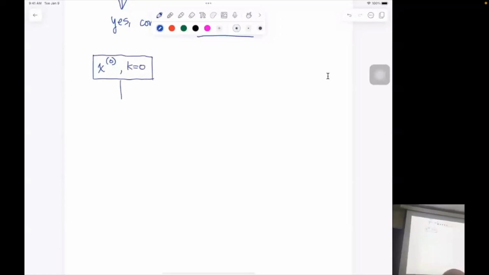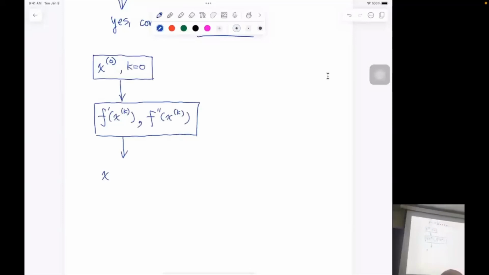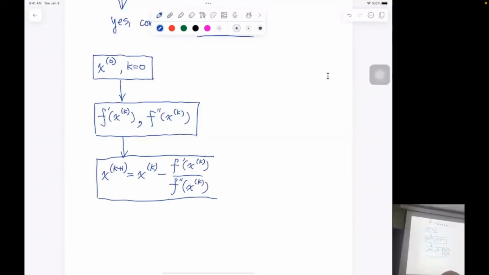And then you want to evaluate f prime of x(k) and also f double prime of x(k). You want to evaluate both numbers because that's what Newton's method asks you to do. Later on, Newton's method tells you the new design point should be determined like this. Just trust Newton, use this equation.